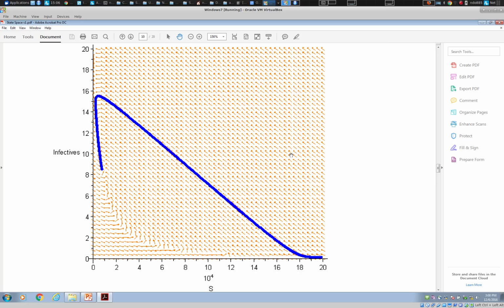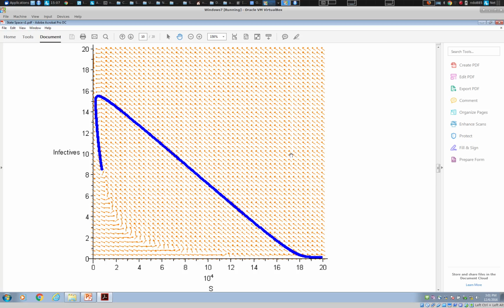It will tell us how quickly I is changing, whether it's rising, whether it's going down. And the arrow just gives the direction of the movement of S and I. So basically, say dI/dt equals 3 and dS/dt equals -1. Then it would point somewhere like that.